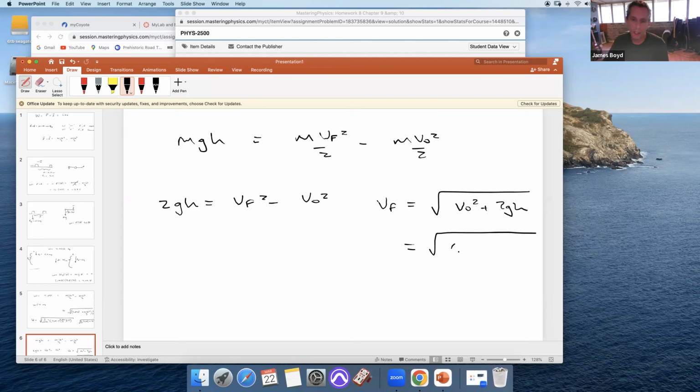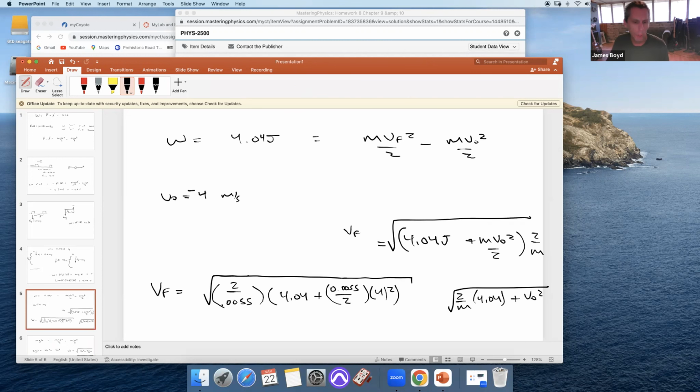That is 4 squared plus 2 times 9.8 times 75, which is 16 plus 2 times 9.8 times 75. Square root of that answer is 38.5 meters per second, or 39 meters per second.